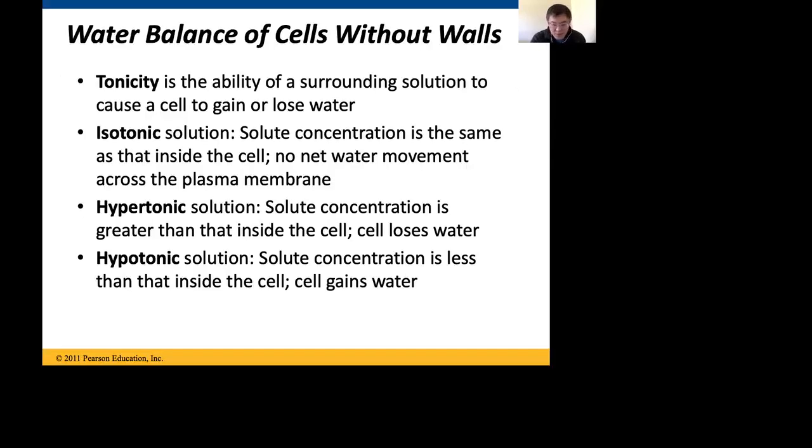Now let's do small experiments. We use a beaker, and we make a solution in the beaker, and then we put a human body cell in the beaker. If the solution in the beaker can cause the cell to gain or lose water, that ability of the solution to cause the cell to gain or lose water is called tonicity.